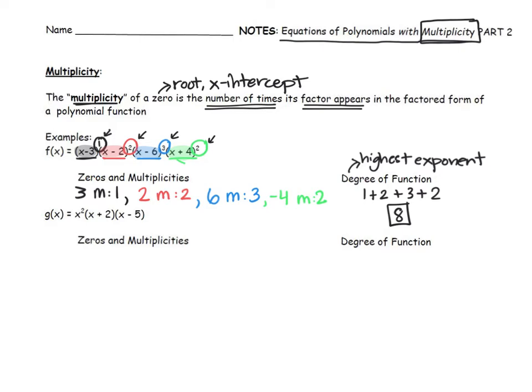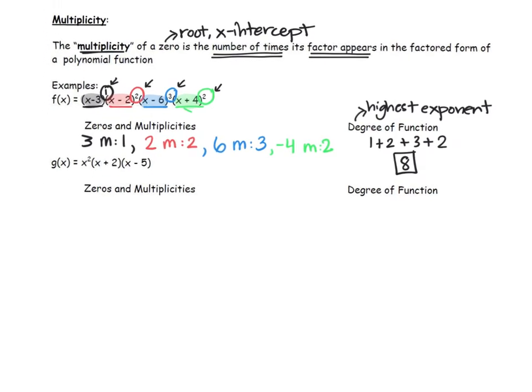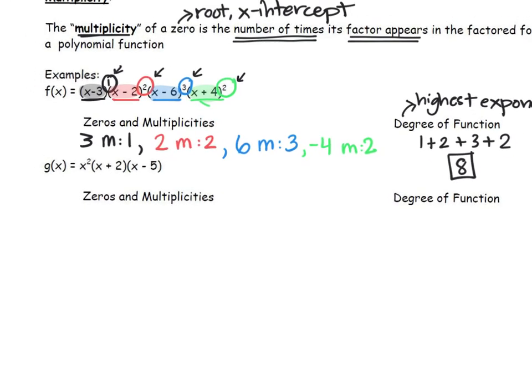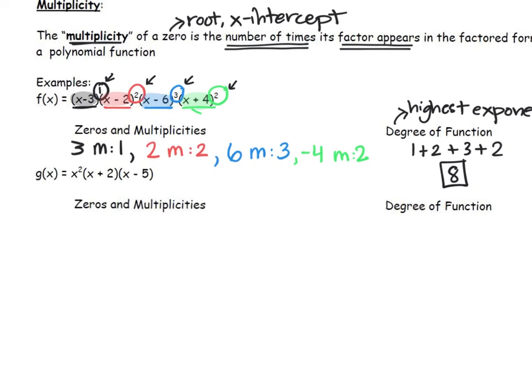All right, let's look at the next example. So in the next example, I have 3 different factors. So I'm going to do them in different colors. So I have this factor, and this factor. Let's talk about their multiplicities and their zeros. So the first factor is just an x.